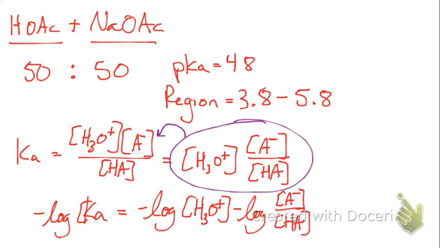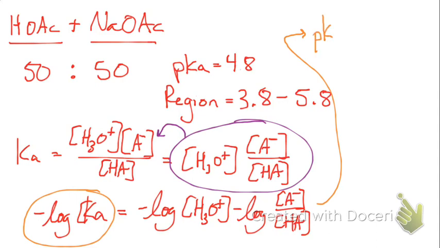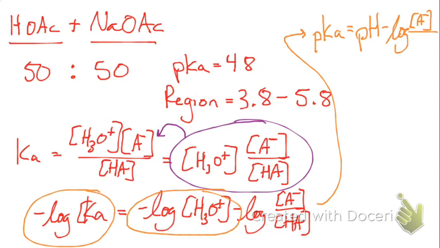We've seen some of these terms before. What is negative log of Ka? I'll give you 2 seconds to answer that. If you said pKa, you are correct. Now, what is negative log of H3O plus? pH is correct. And then we get minus log of A minus over HA.